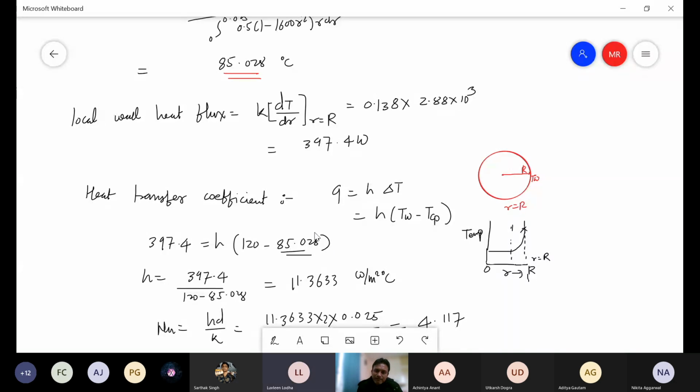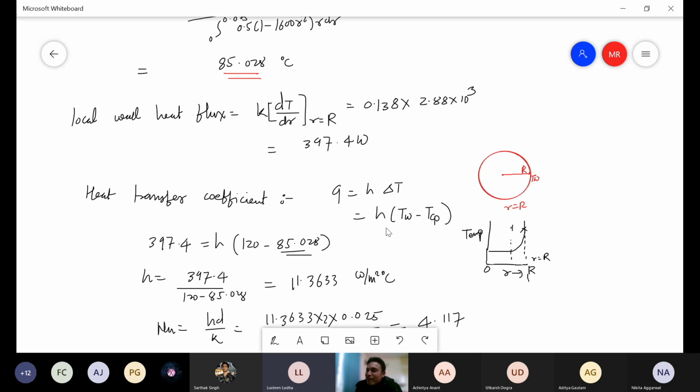Yeah, sir, but why do we not take the central temperature here? No. So see, why should we take the center temperature? We can take the center temperature if we assume that the entire flow is stagnant. Then we should take the center temperature. But in this case, the flow is not stagnant.